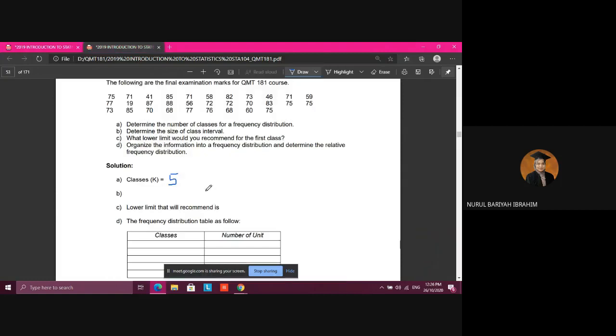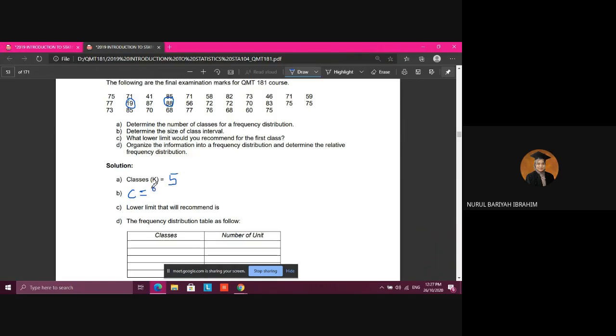So let's say this example, to find C, kena cari dulu nilai range. Range adalah the largest value minus the smallest value. The largest value is 88. Betul tak? 88 minus the smallest value, 19. So 88 minus 19, it will be 69.